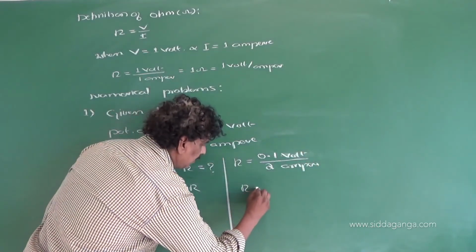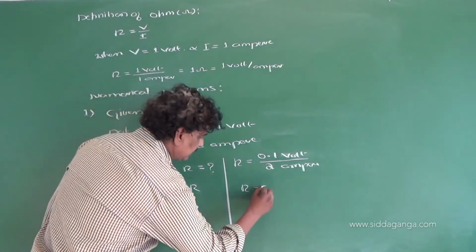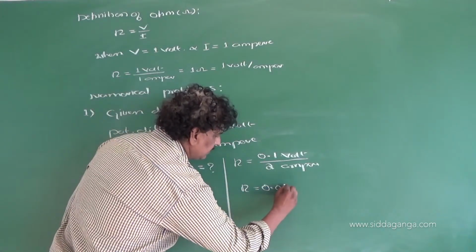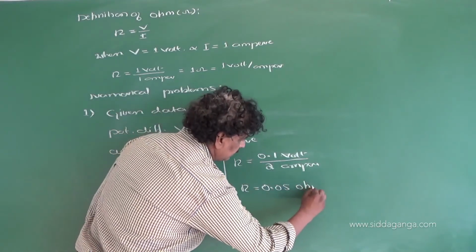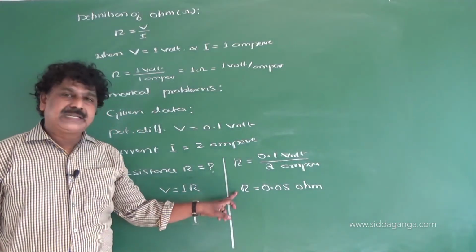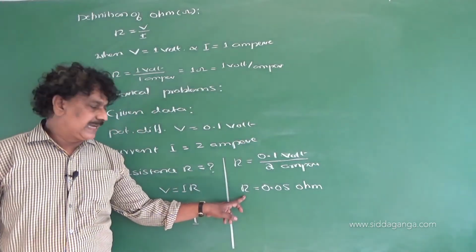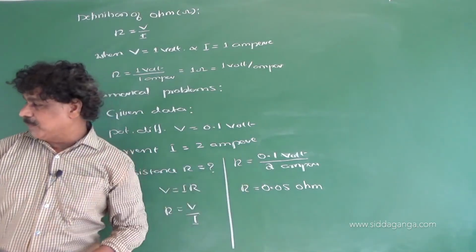So R is equal to 0.1 by 2, that means 0.05 volt per ampere, which is ohm. Therefore, the resistance between the 2 points of the conductor R is equal to 0.05 ohm.